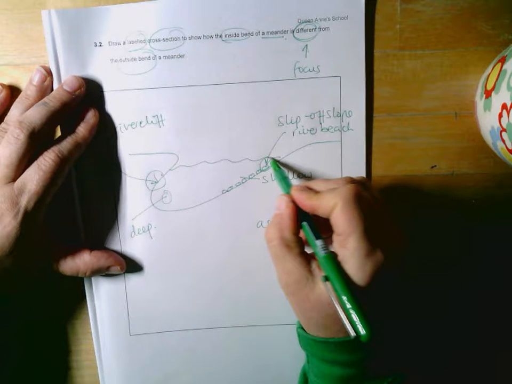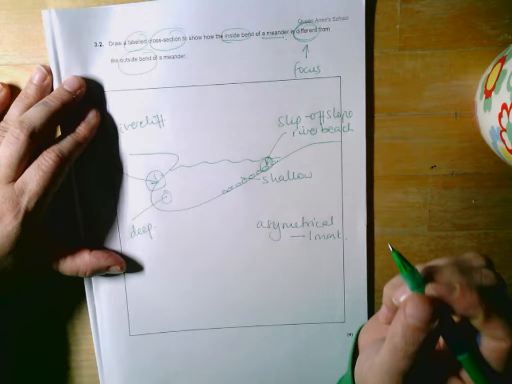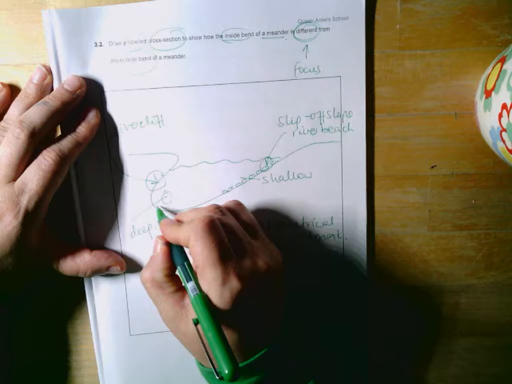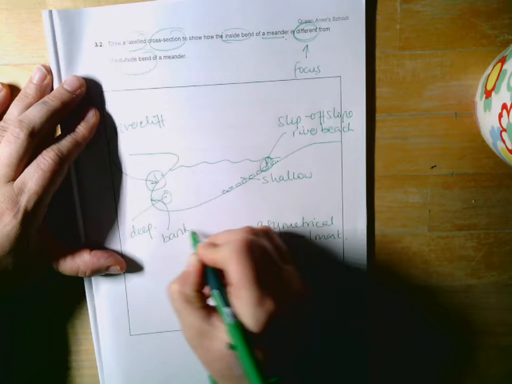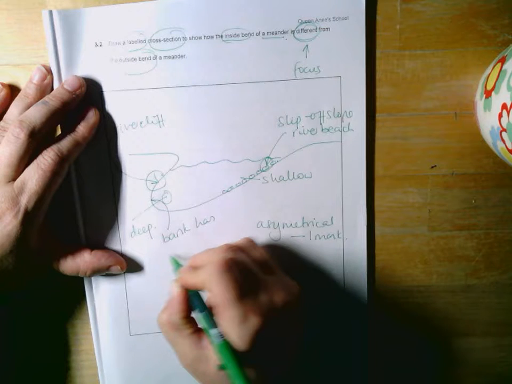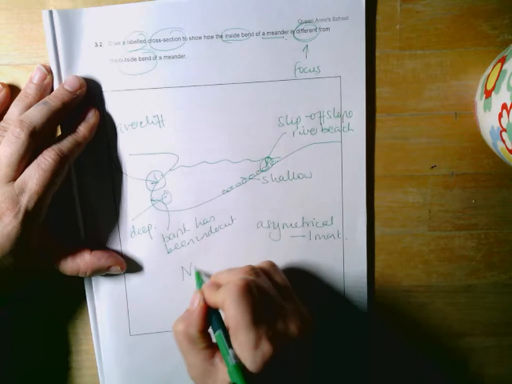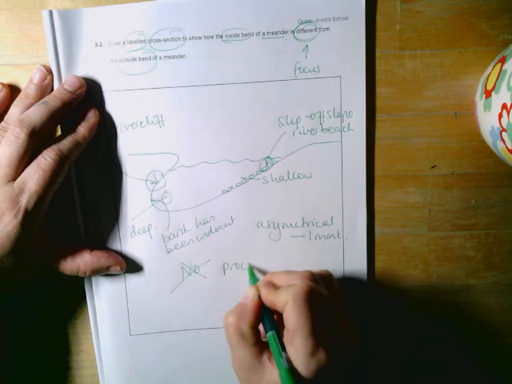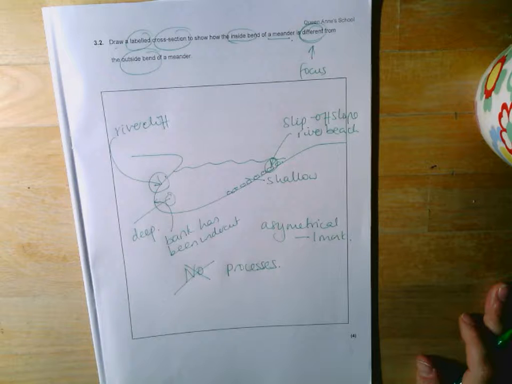We might also put in here that the bank has been undercut. Now we do not talk about any processes. We don't want to see anything about erosion or deposition. We're simply saying, how is this side different to this side?